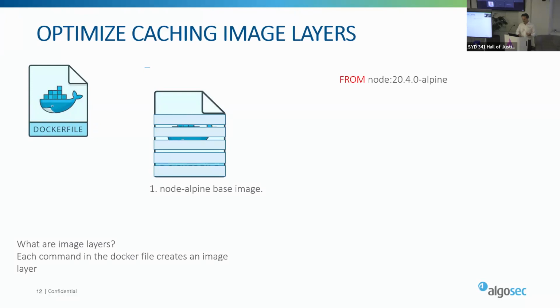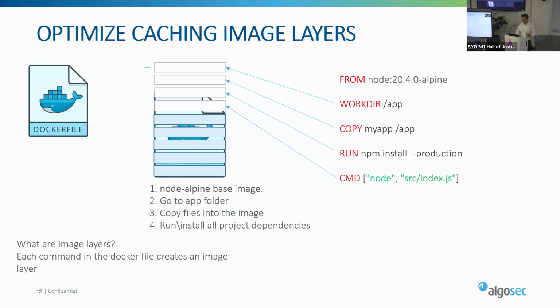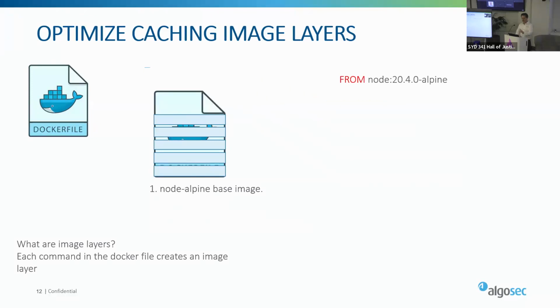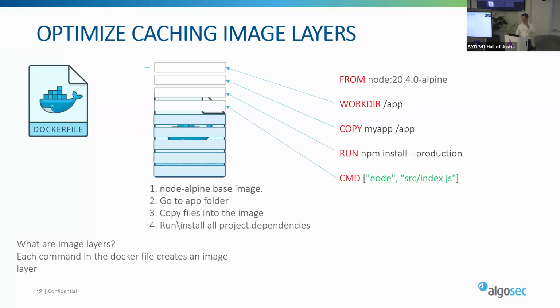If you're looking at the base image, whatever comes with Docker by itself, the base image already comes with certain layers. And when you add your commands into the Dockerfile, it introduces additional layers. Overall, the best practice is to keep whatever updates you want to do to the last possible layer.